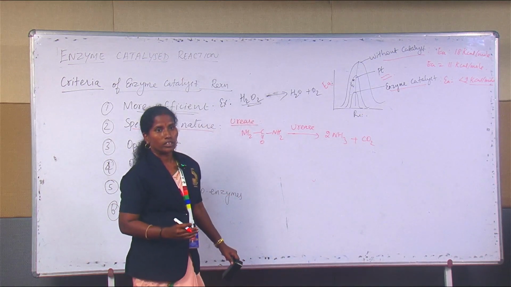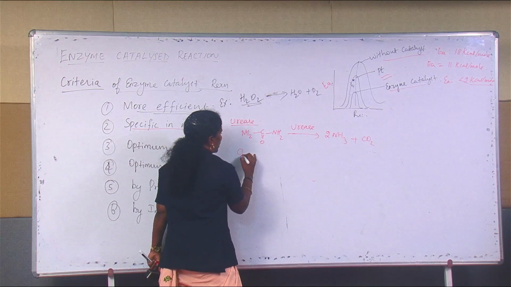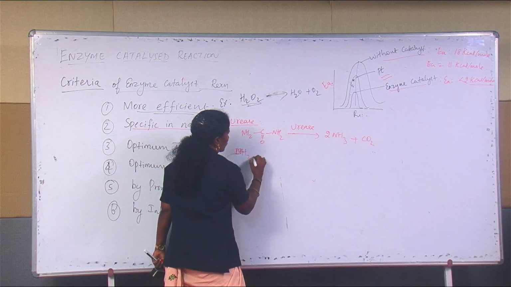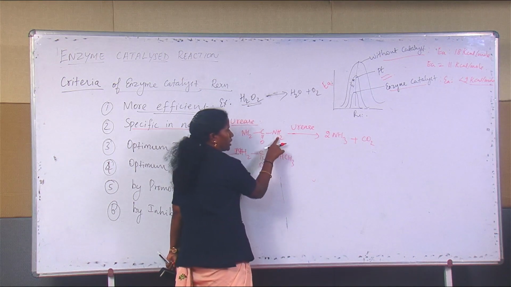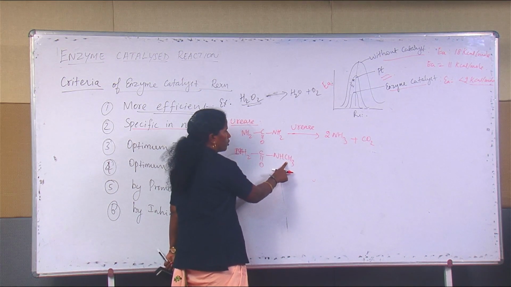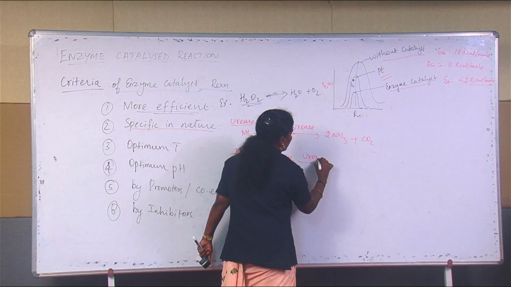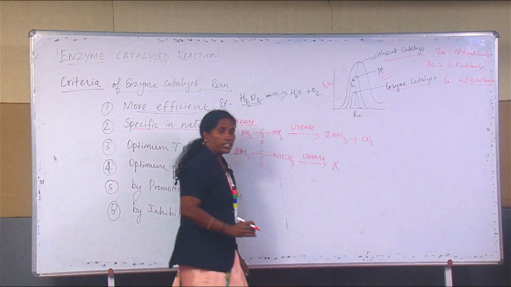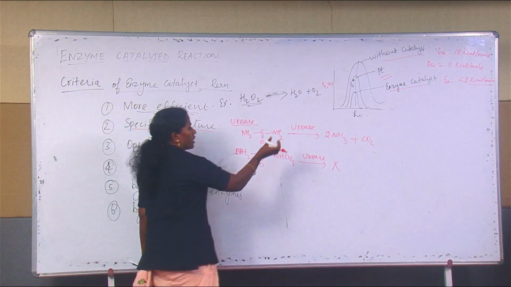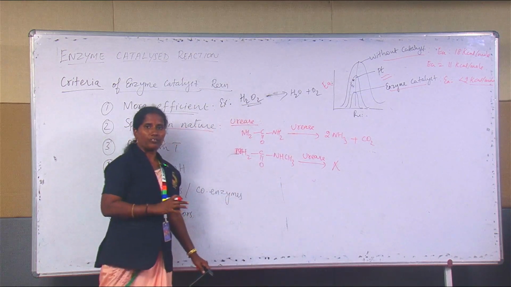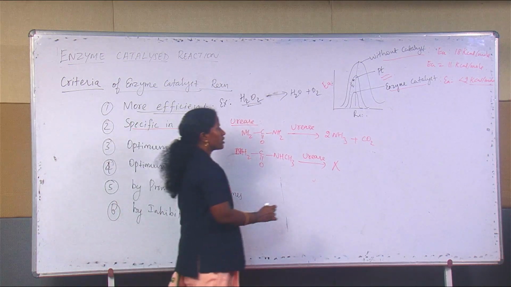The same urease does not hydrolyze other amides, like methylamide, NH2CONHCH3, where one methyl group is substituted for hydrogen. In the presence of urease, it does not hydrolyze this methylamide. That means each enzyme is specific in nature and works on particular reactions only. So here there is no reaction.